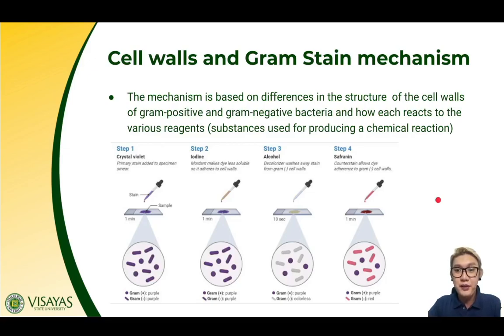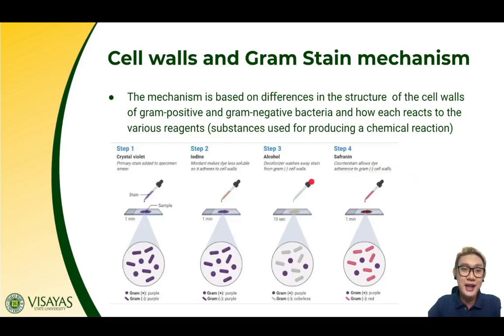It's very important in early diagnosis, especially in medical cases when infection has already gone severe. The first thing to do is to determine the gram reaction or the cell wall of the bacteria in order to administer the proper antibiotics, and also in classification, so gram staining is needed.